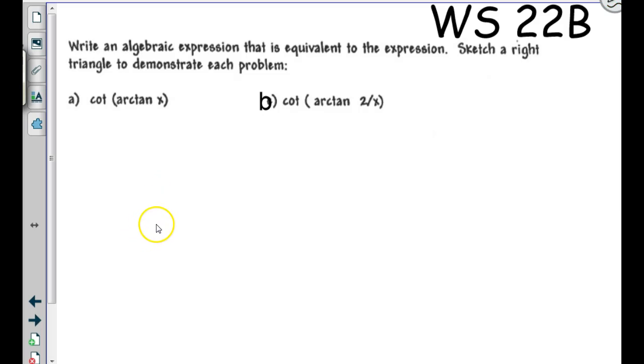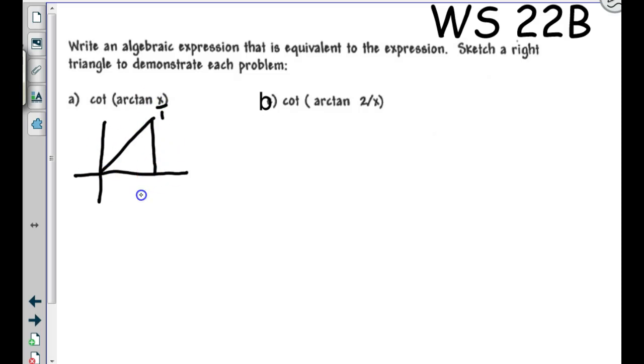All right, let's try one of these. Want to try A or B? Okay, A. This is on 22B in the middle of the page, maybe? Did you find them? It says, where's the tangent x, or x over 1?